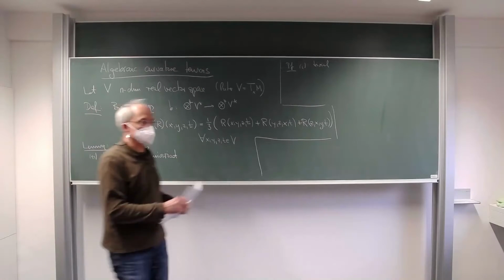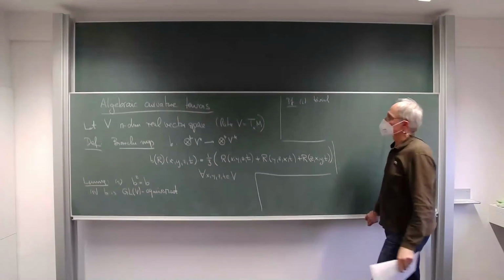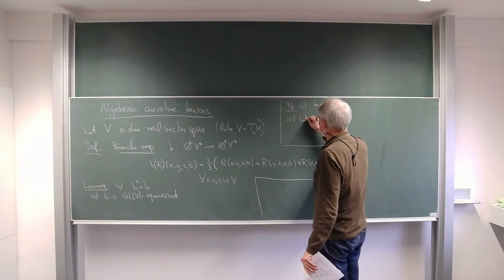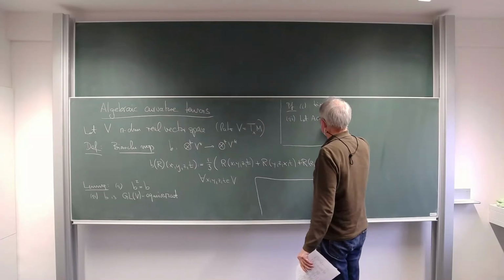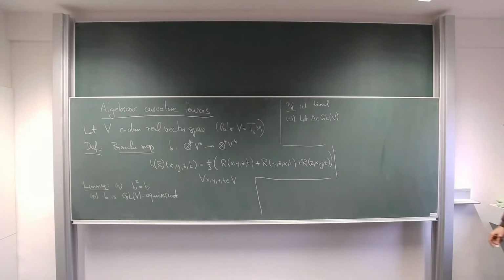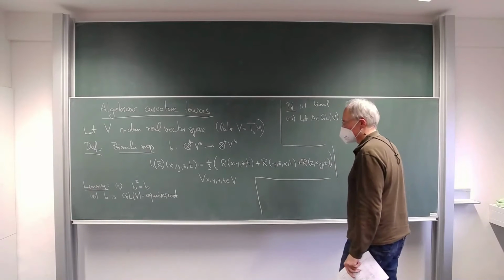So let's just compute it, and we see that this is also not hard. So let A be such an automorphism of V, then what do we have to check?